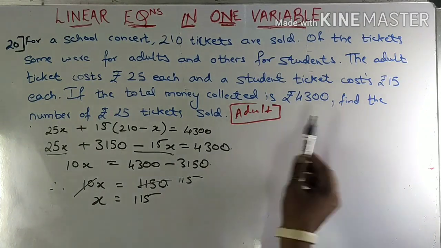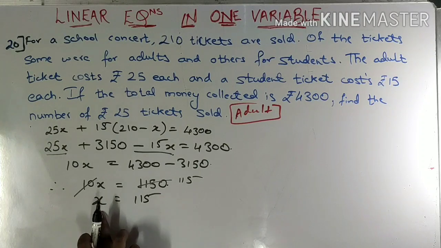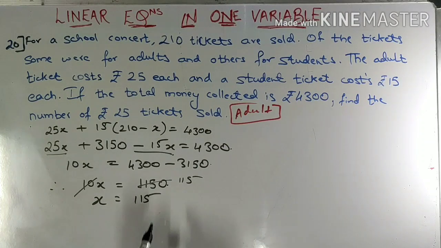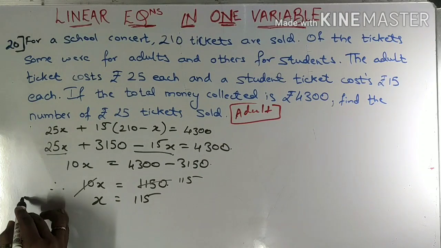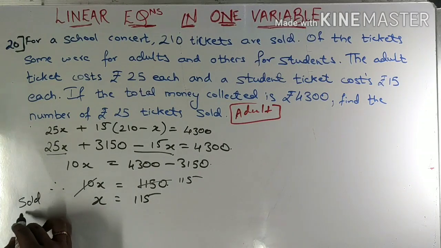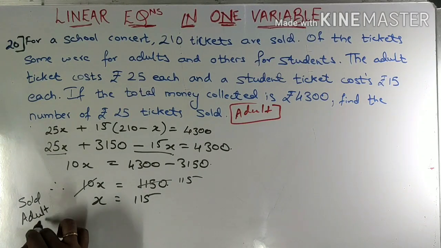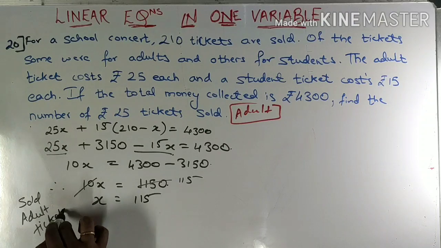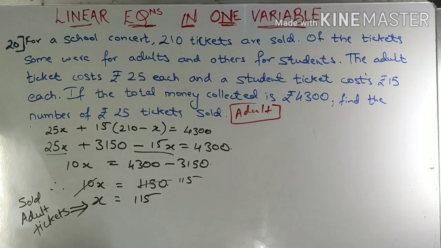So the number of adult tickets which we assumed to be x that were sold is 115.